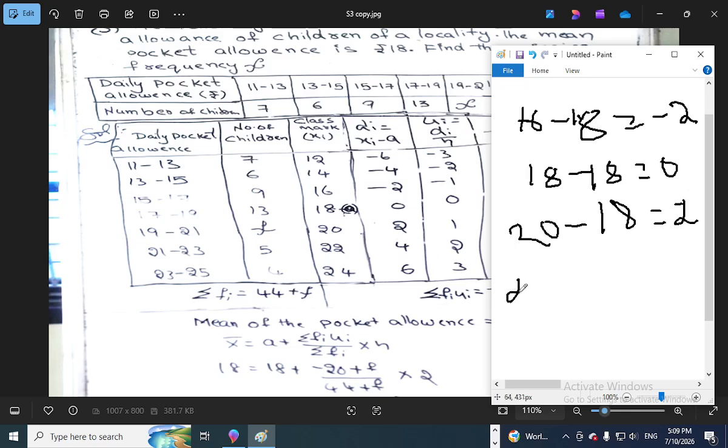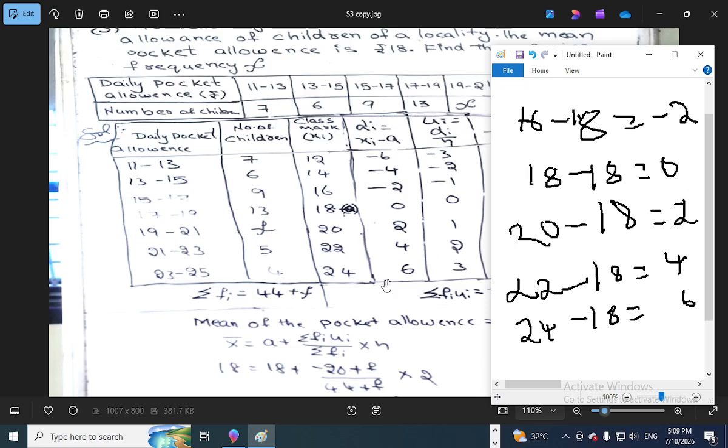Then 22 minus 18, which is equal to 4, is the deviation of 22 and 18. Then the next one, 24 minus 18, which is equal to 6, is the deviation between the 24 and 18.